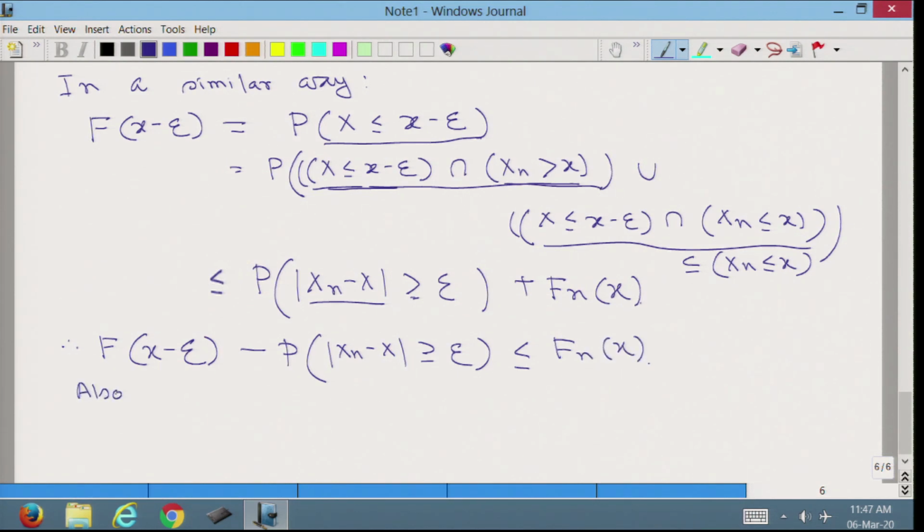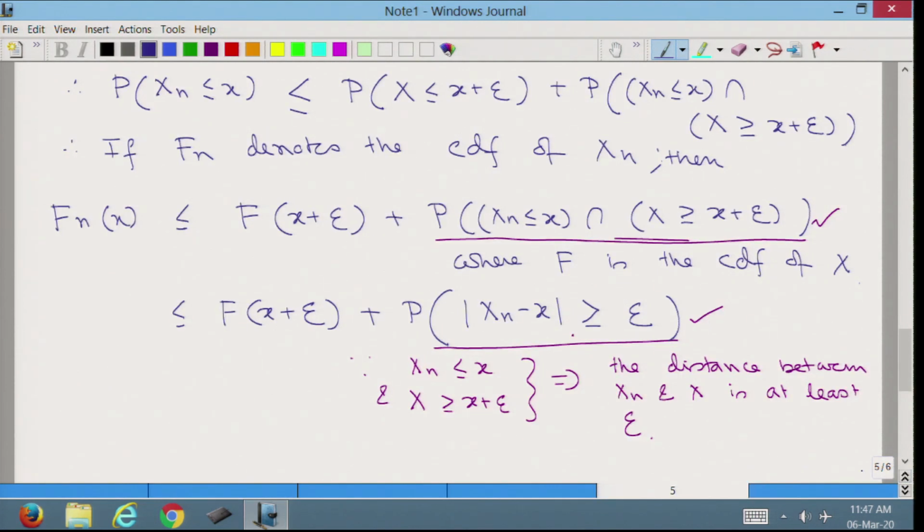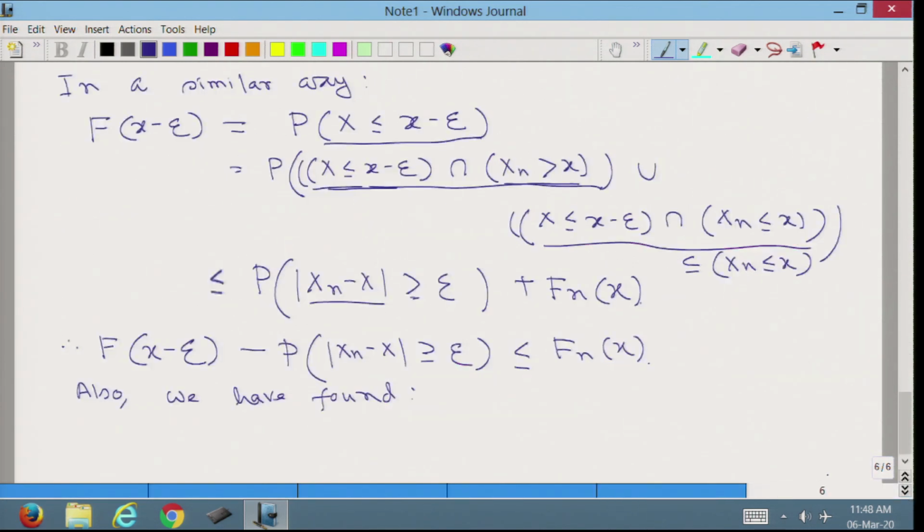Also, if we go back, we have found that f n x is less than equal to this entire quantity. Therefore, we can write that f n x is less than equal to f at x plus epsilon plus probability modulus of x n minus x greater than equal to epsilon.